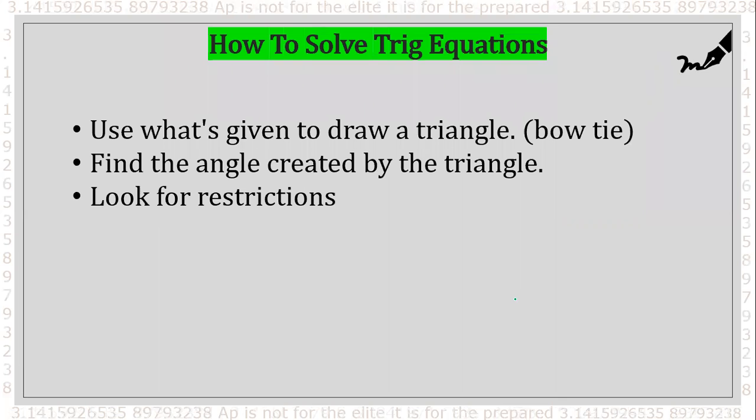Okay, so something that I want you guys to know is, hey, start off by drawing the triangle. Simplify the equation. Try to find that triangle. See where it lands. Then find what angles are created at that triangle, at that reference, and look for restrictions. Usually they will tell you like, hey, only from 0 to 2 pi.